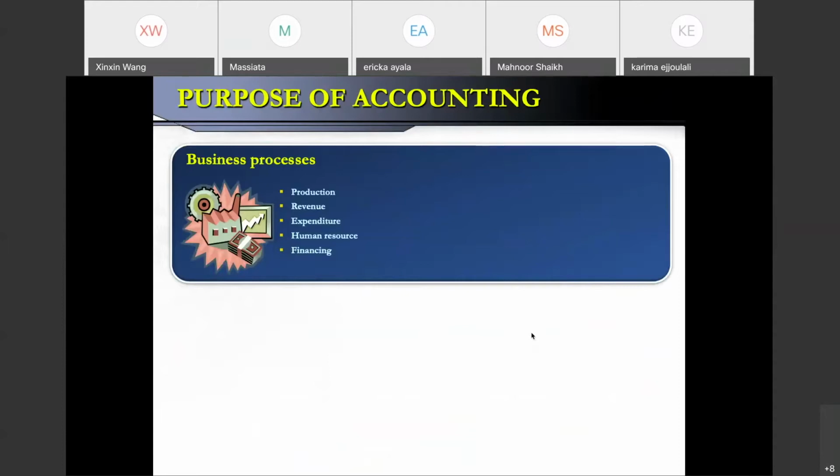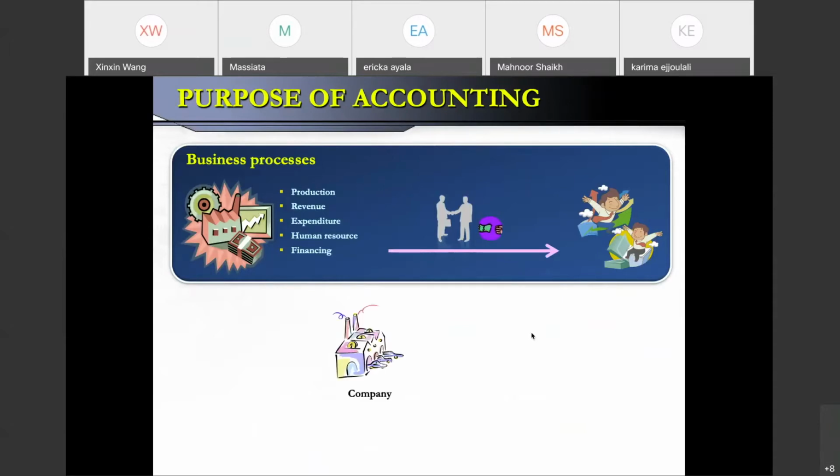So the business processes. What business processes are involved? The production, the revenue, the expenditures, the human resources, and financing for the business, right? So a basic example we learned so many times. This is what we first learned in the introduction of financial accounting.